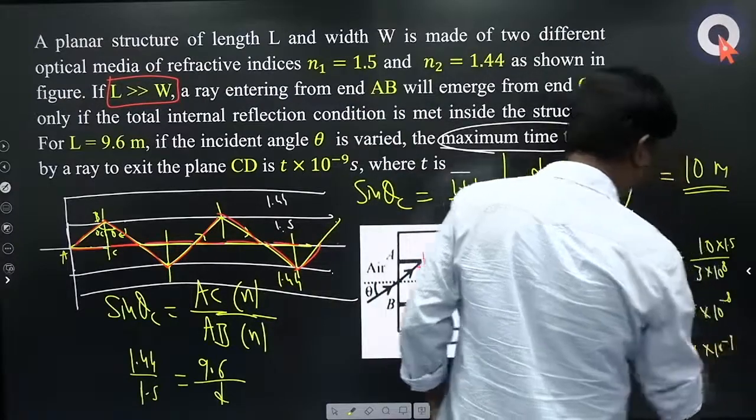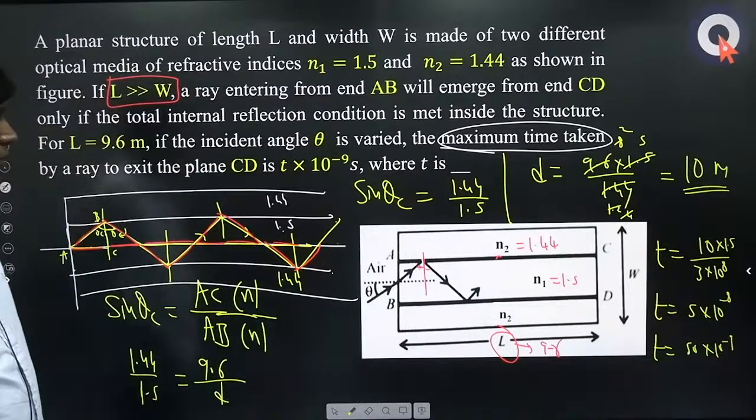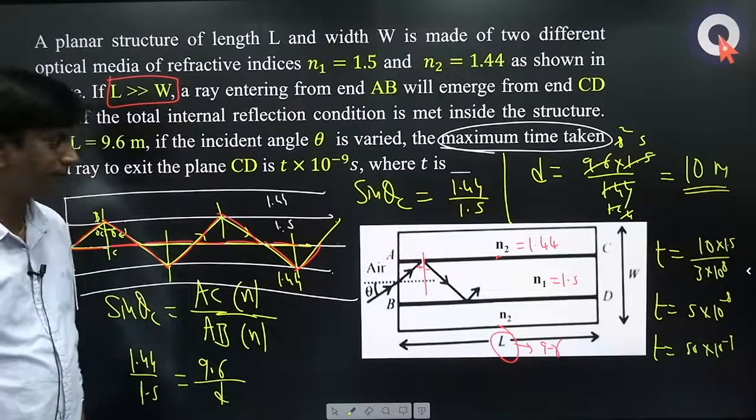Check the calculations. So 10 meters is actually what you are getting, and divided by speed in that particular medium of 1.5, which is 3 into 10 power 8 divided by 1.5. Okay.